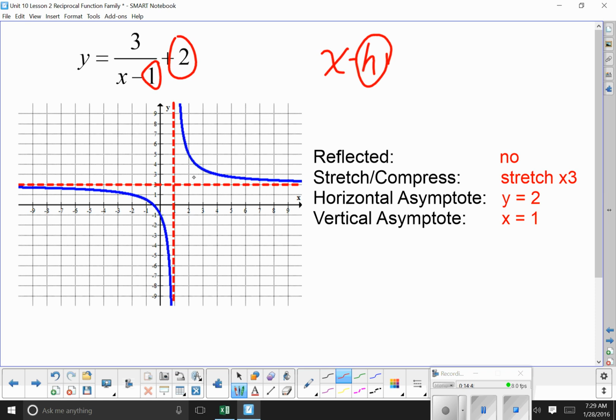If I went right 1, up 3, then I can go right 3, up 1. I put those 2 marks. These are the 2 marks I would expect to have on the graph to show that you've got it going in the right direction, and then it approaches the asymptotes. Next one.